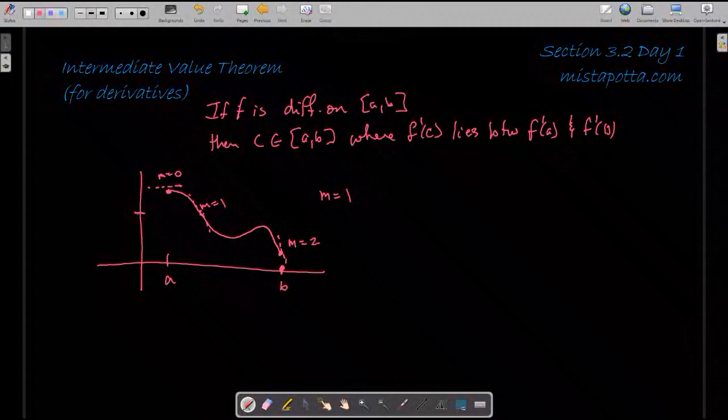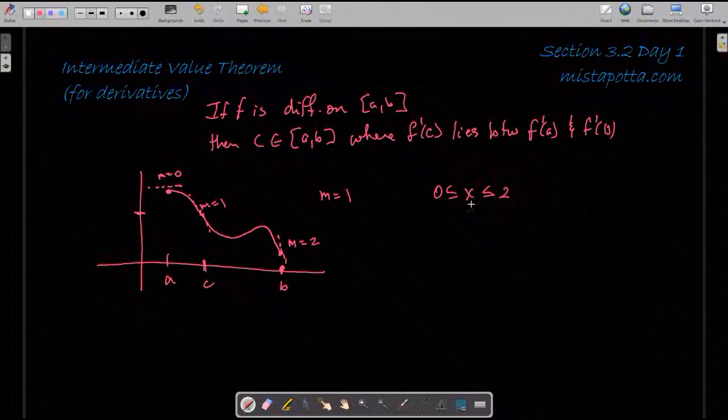There's got to be some place between a and b where the derivative is 1. There's got to be some place in here where the derivative is 0.5 or 1.5 or any value between 0 and 2.